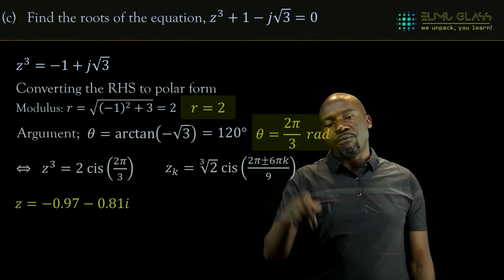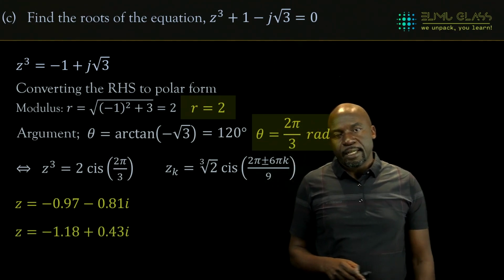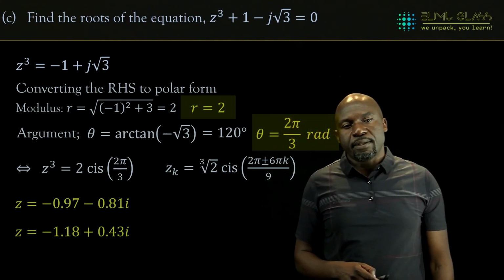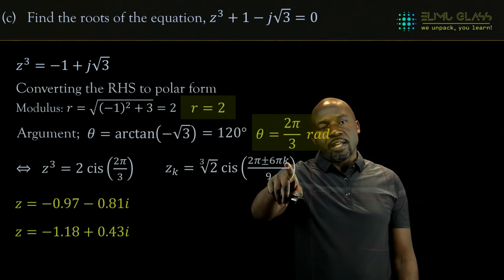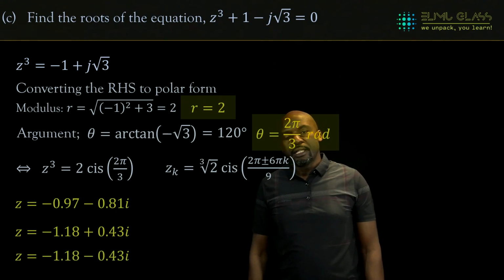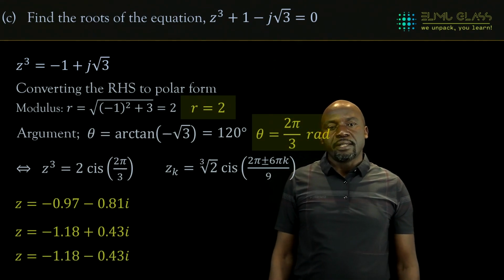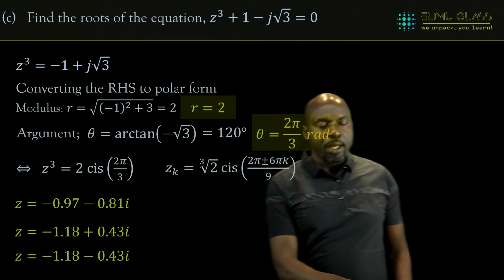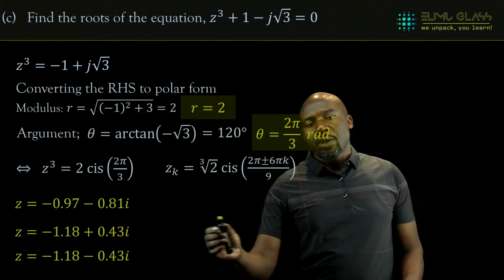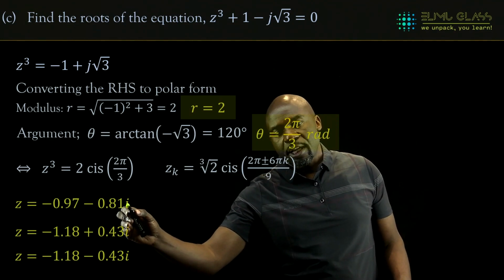If we put k of 1, we get minus 1.18 plus 0.43i. If we put k of negative 1, we get negative 1.18 minus 0.43i, or j, by the way. Remember this is supposed to be a j.